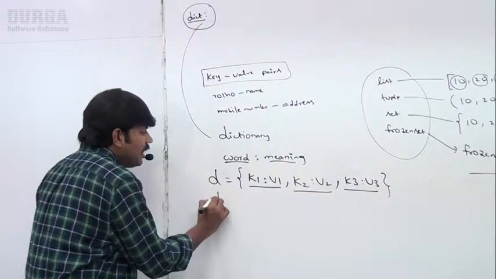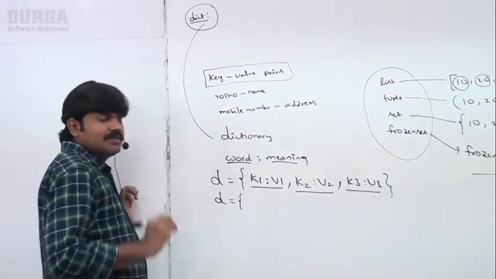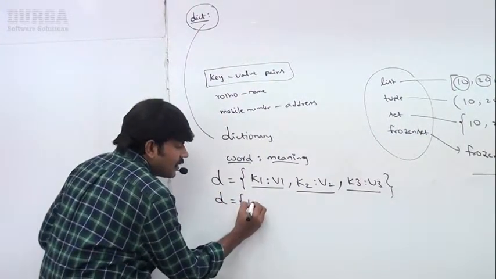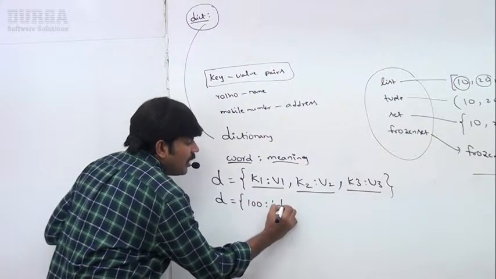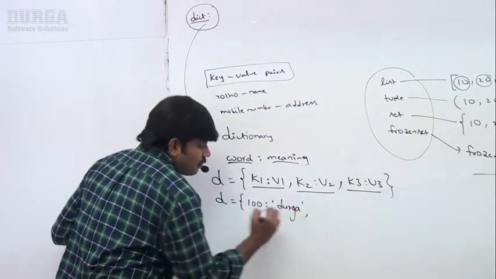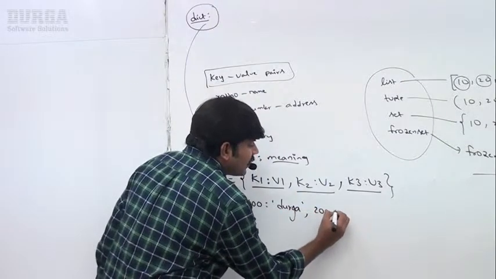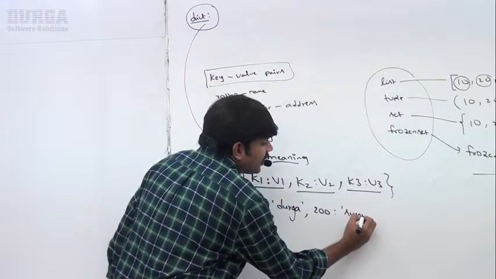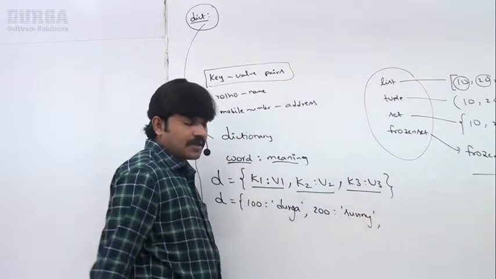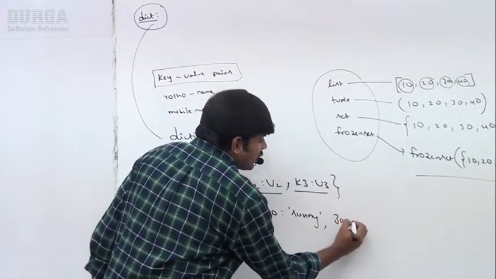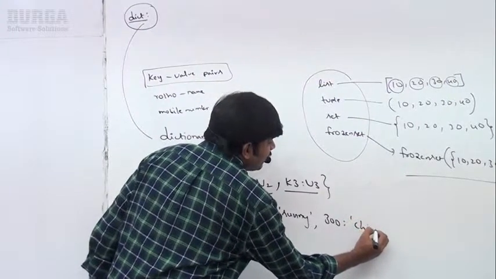So let me go for a small example. Here I am taking 100 as the roll number and the corresponding name Durga. Next 200, the corresponding name Sunny. Sir, 300, the corresponding name is Chinny.